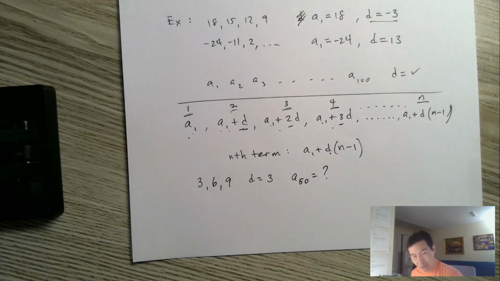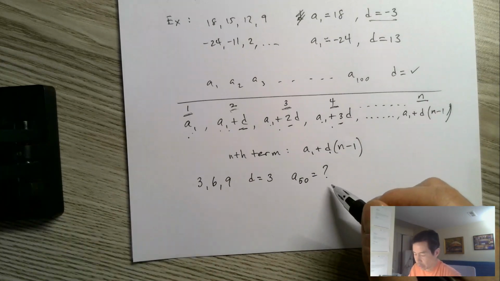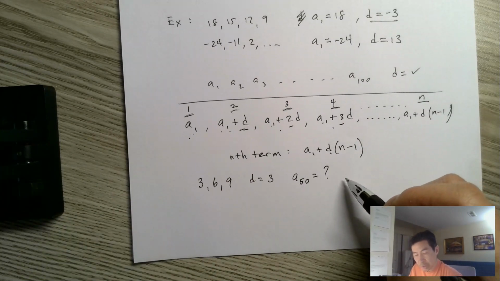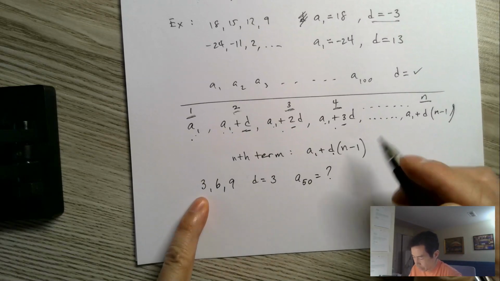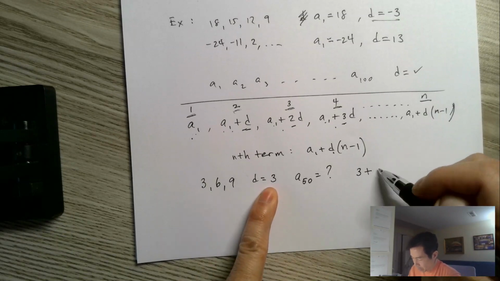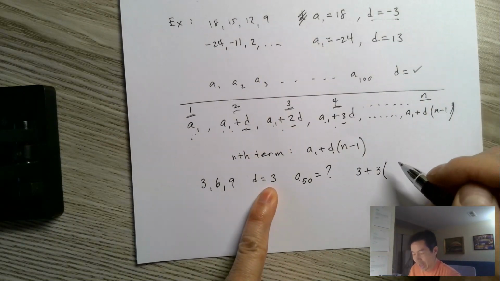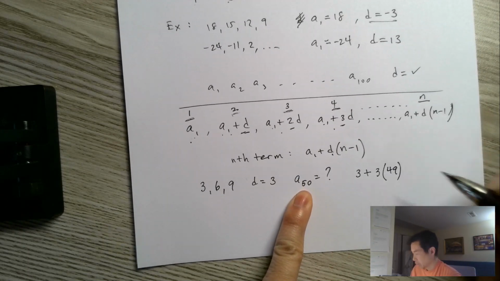And I could do it manually, of course, but for the sake of practicing this formula, let's plug everything in. A sub 1 is 3. D is 3, and n minus 1, since I'm interested in the 50th term, n minus 1 is 49.